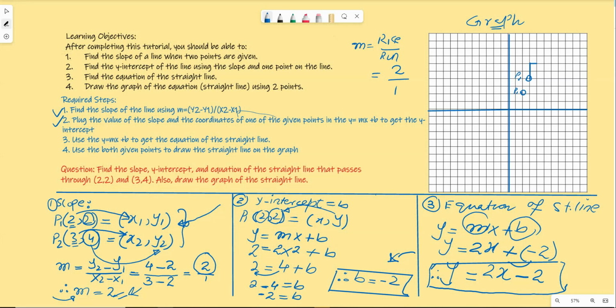So that will be your third point. If you want to draw the fourth point, again you have to use the slope.